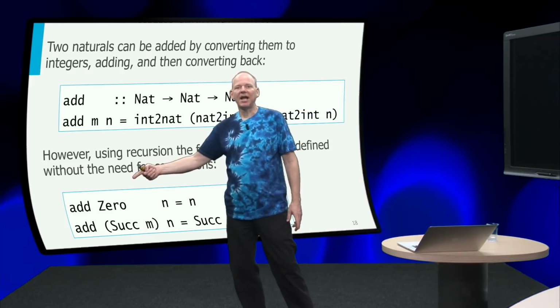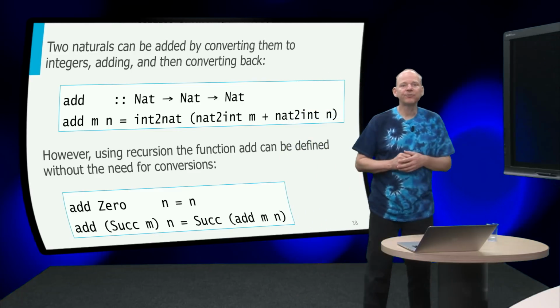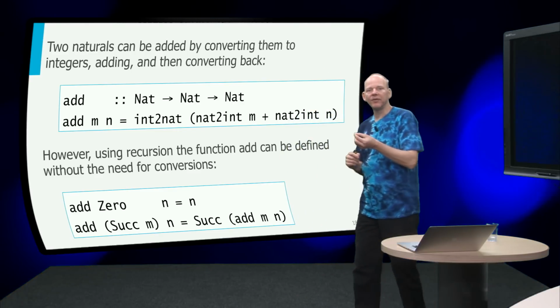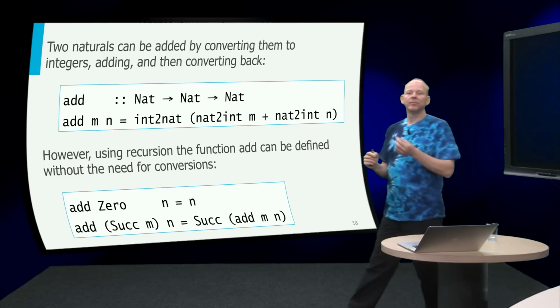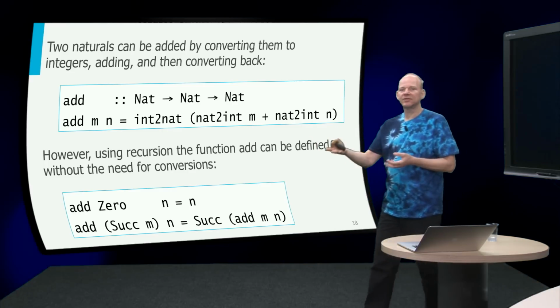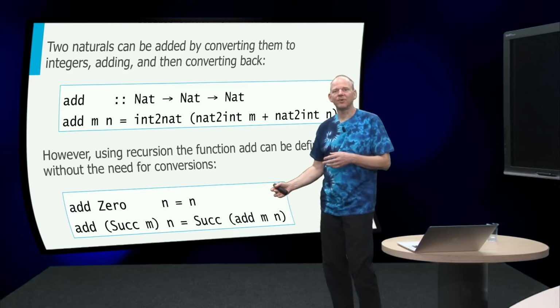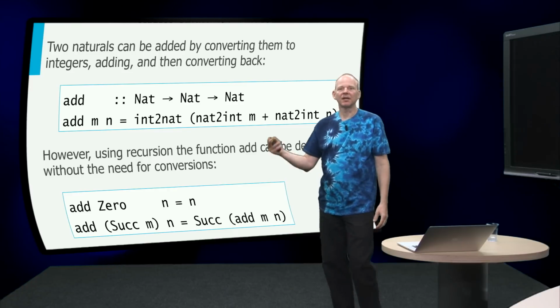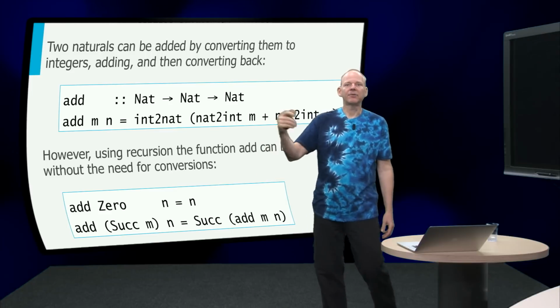If we add 0 to n, that's the same as n. And if we add m plus 1 to n, well, that is m plus n, plus 1. That's the definition that you see here. I think this one is much more elegant than the previous one, but they are equivalent.